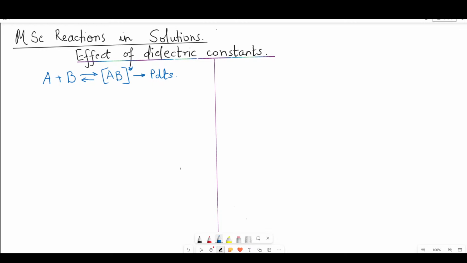So, let us consider the effect of the electrolytes on the rates of reactions. We have already studied in detail about primary salt effect and secondary salt effect. The next topic that comes is effect of dielectric constant.